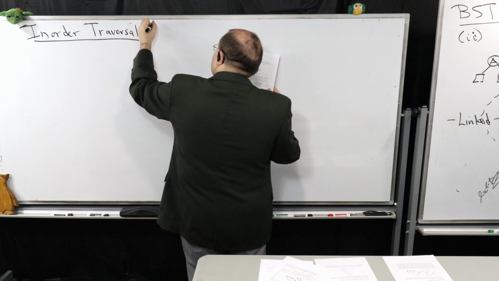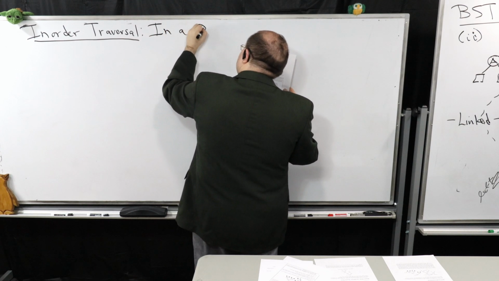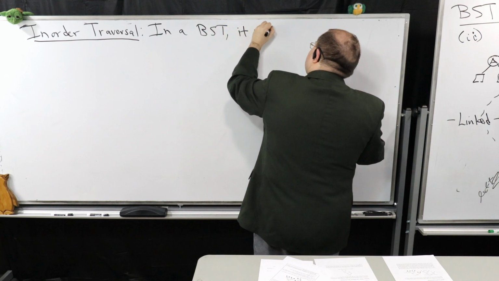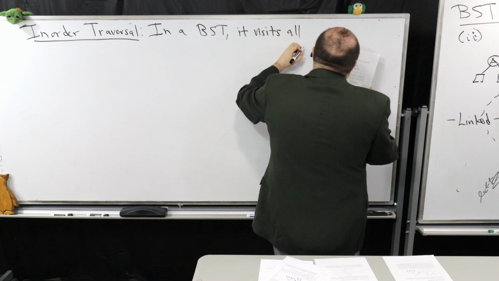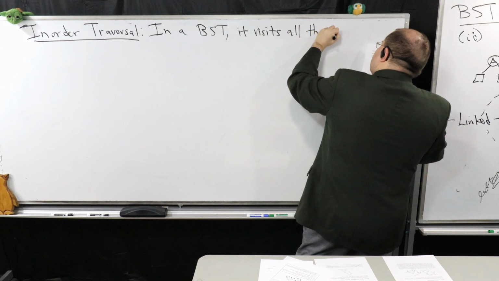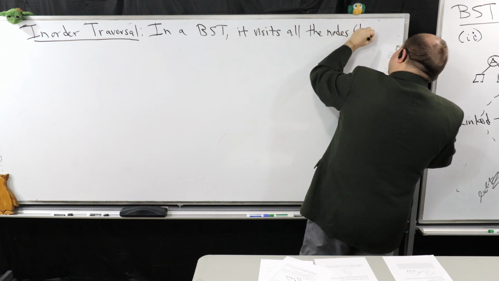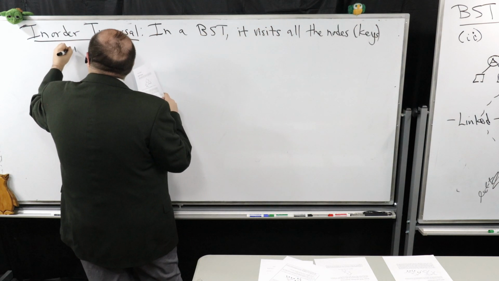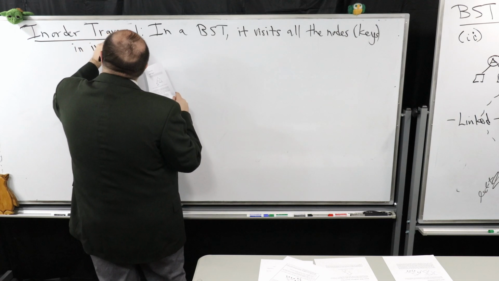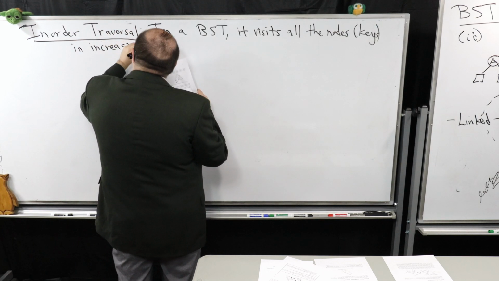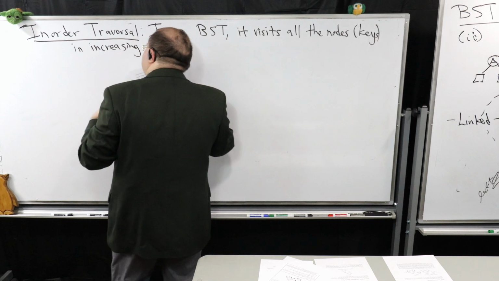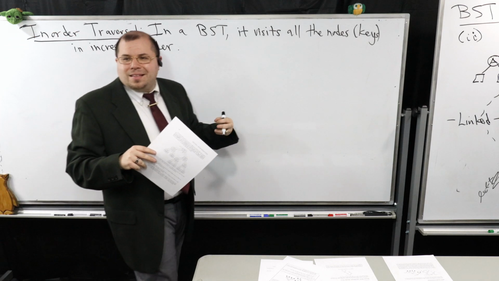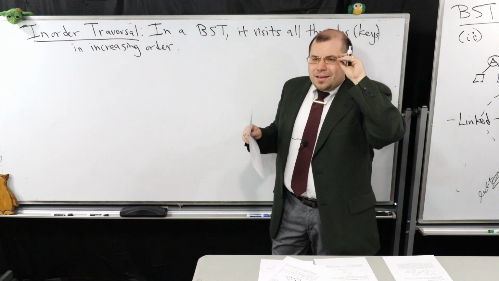In a binary search tree, it visits all the nodes, and specifically the keys we focus on, in increasing order. So we're going to visit them in increasing order.